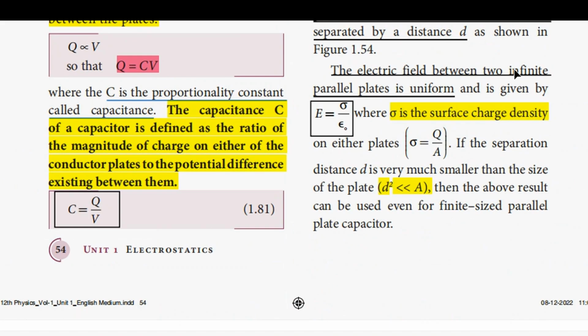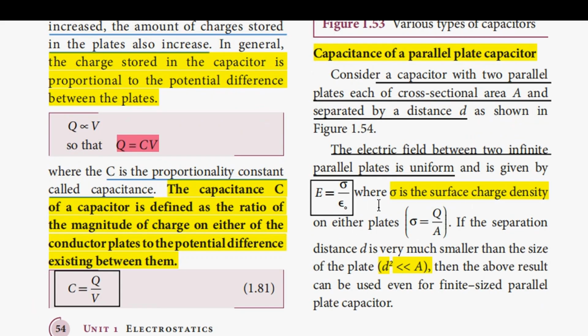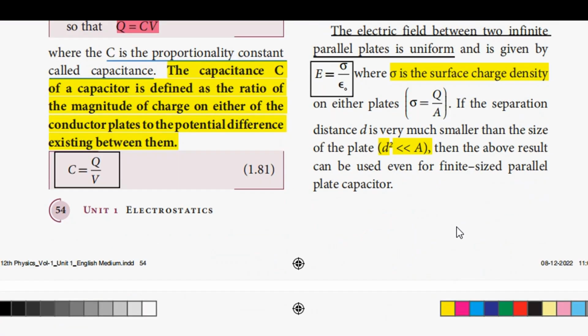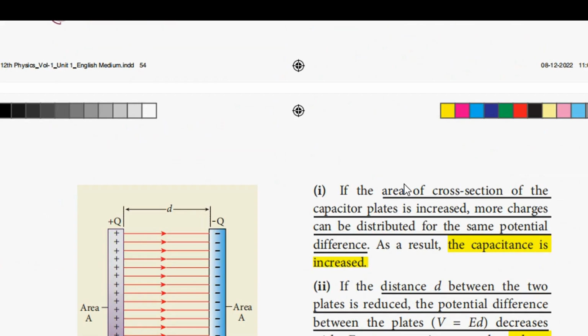The electric field between two infinite parallel plates is uniform and is given by E equal to sigma by epsilon naught, where sigma is called the surface charge density on either plate, that is given by sigma equal to Q by A. This charge per unit area is called as surface charge density. And if the separation d is very much smaller than the size of the plate, that is d squared is very much less than A, then the above result can be used even for finite sized parallel plate capacitor.